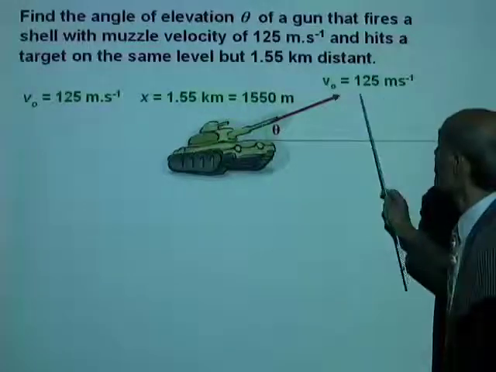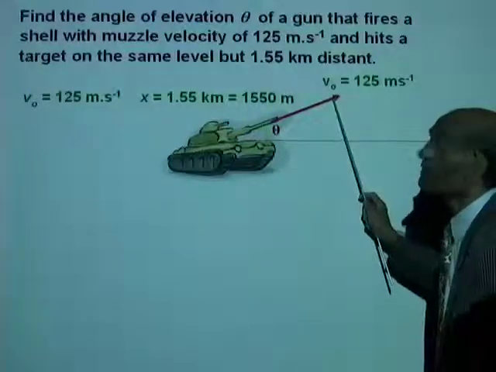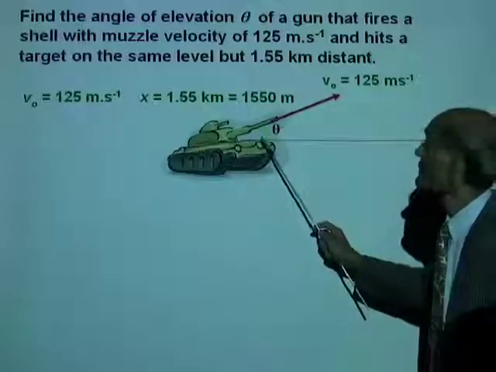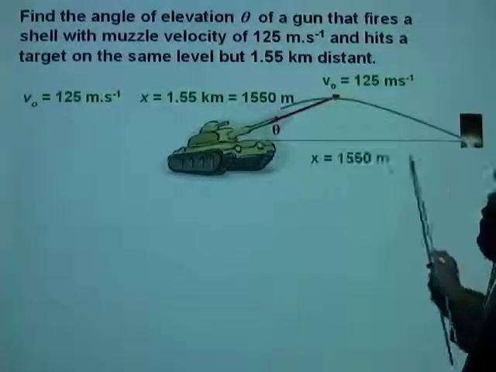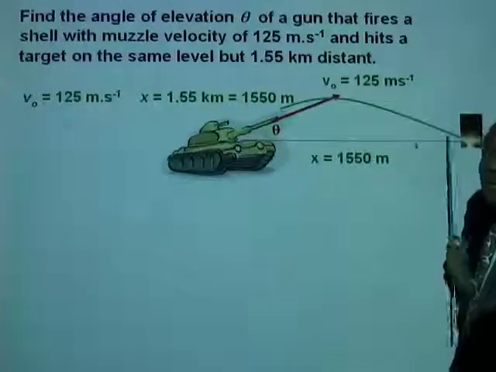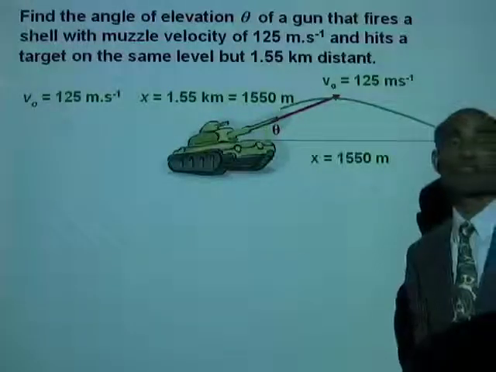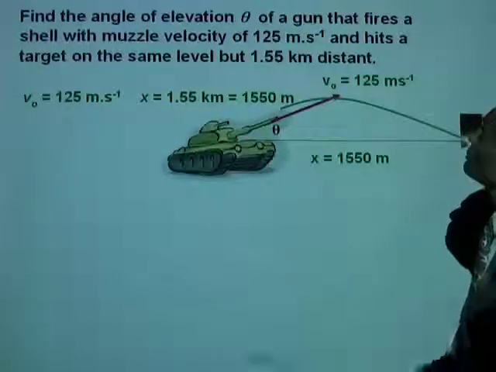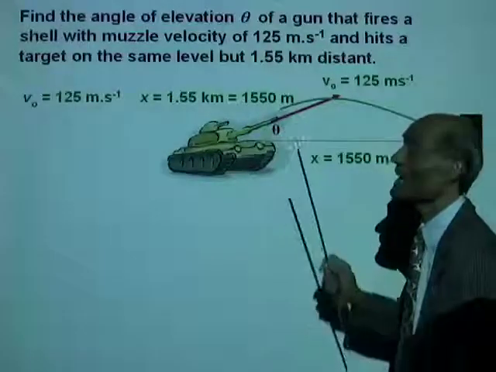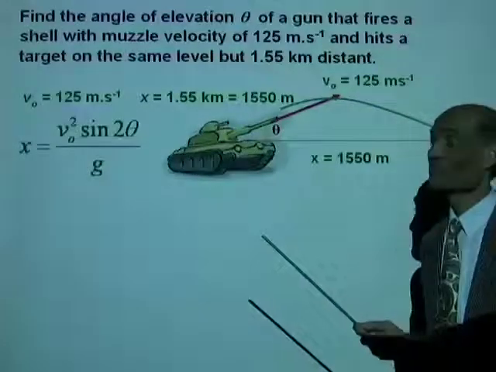The velocity of projection is 125 meters per second. And the shell lands over here at a distance x equal to 1550 meters. Alright, how do we use these data to find the angle of projection?